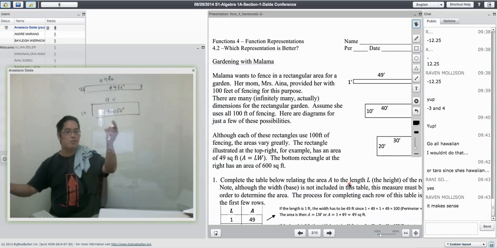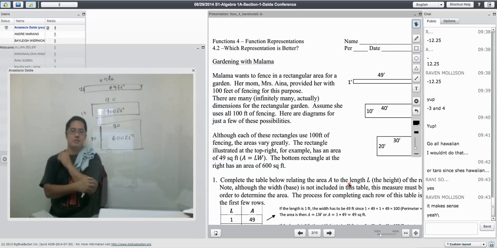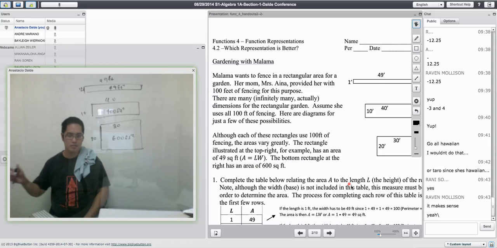But she gets way more square footage. Cool? And then she can build an even fatter rectangle, 20 by 30, which gives me 600 square feet. Does this make sense to you?